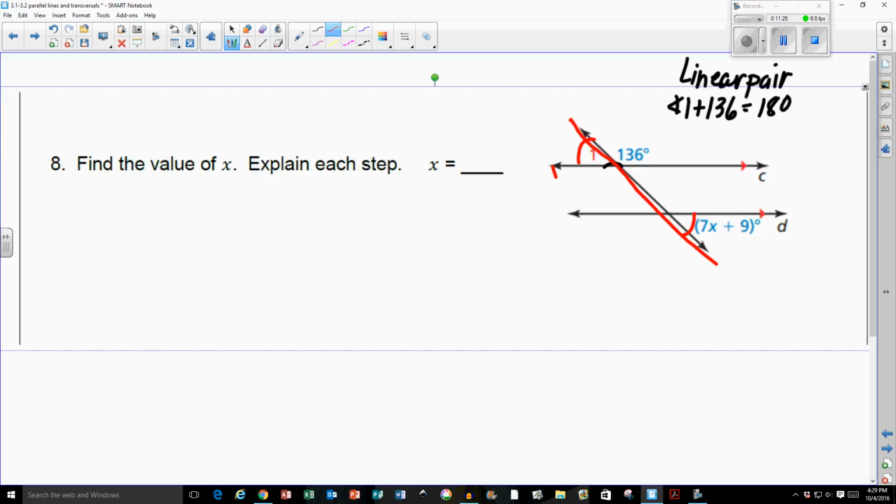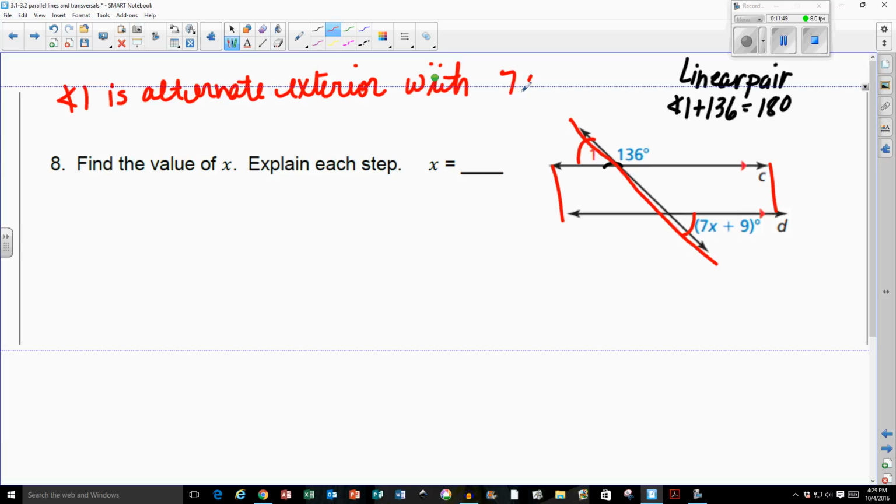But notice this time if I close the box, they're outside. So angle 1 is considered alternate exterior, because it's alternating sides, but it's outside the box. Angle 1 is alternate exterior with 7x plus 9. So they're congruent.